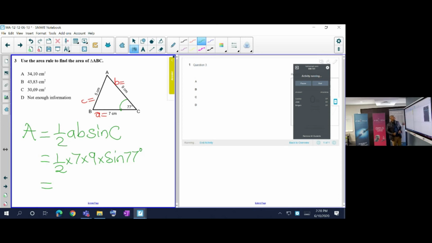Let's check what answer you were supposed to get. This will give us the area, which is 30.69, to 2 decimal places, square centimeters. So it means this triangle, from whichever area you look at it, will have an area of 30.69 centimeters squared.